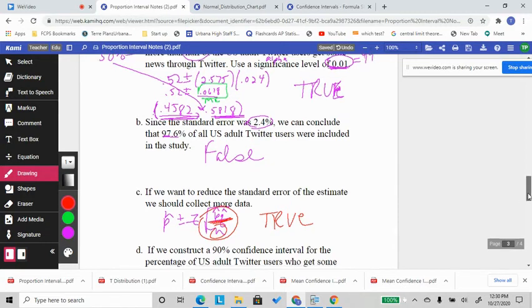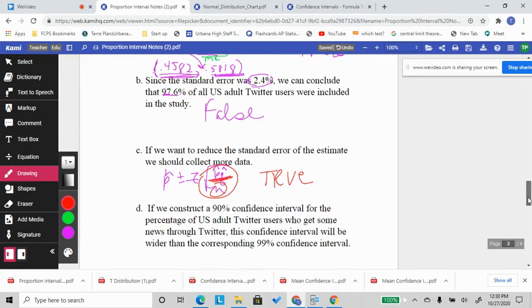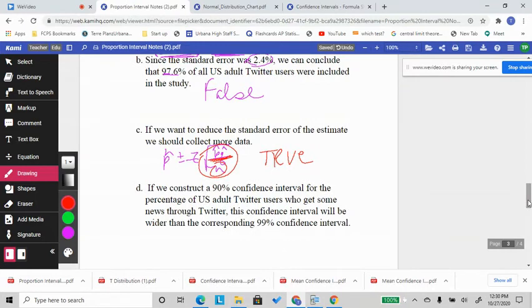And if we construct a 90% confidence interval for the same data, this confidence interval will be wider than the 99. Okay, so remember what we've said before. A 90 is going to be a smaller interval using the same data than a 99. And here's the difference.